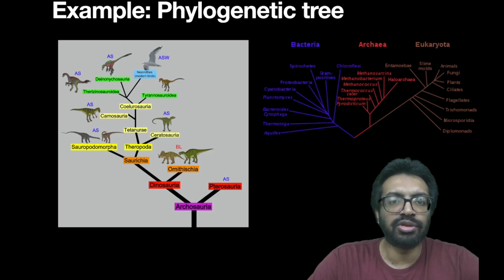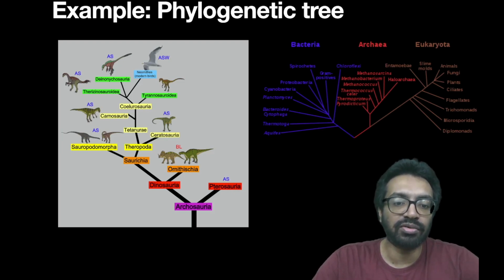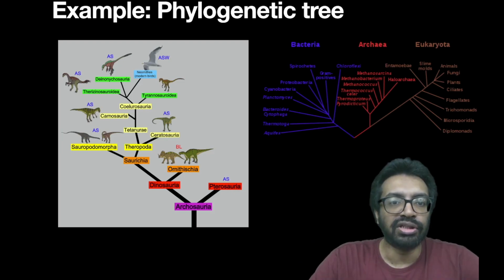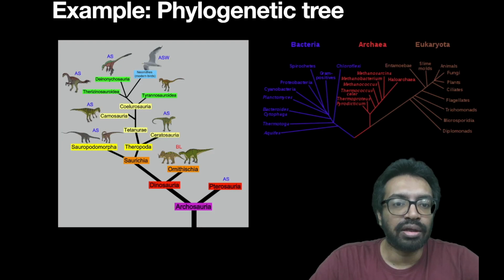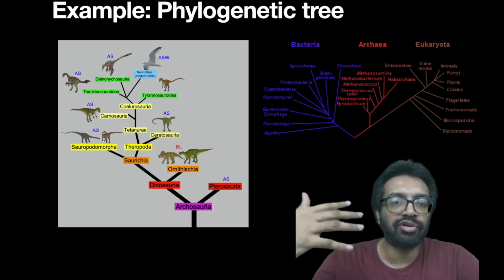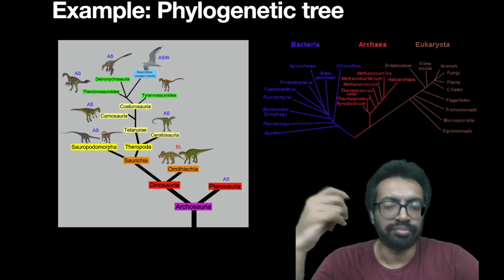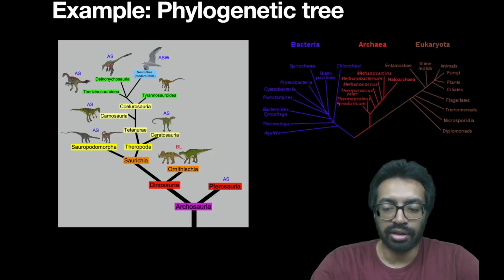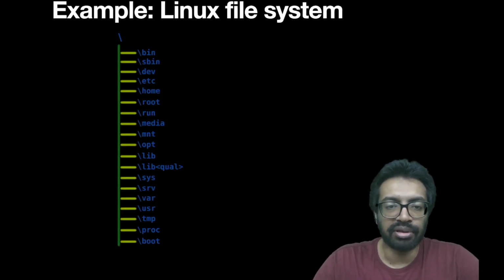It is showing the information of evolution in a tree form. Here, the tree grows from bottom up. This tree is called a phylogenetic tree, and as you can see, the modern birds are descendants of Dinosauria. So this shows evolutionary information in a tree form.